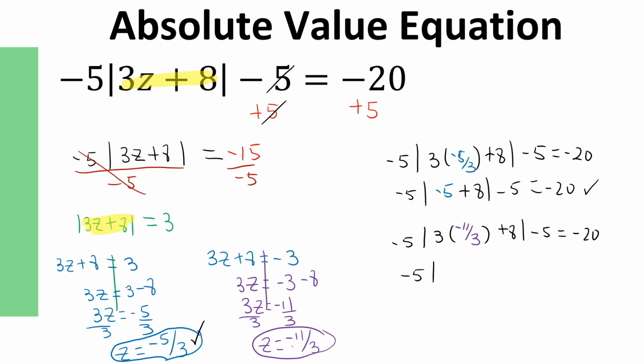So we know that 3 times negative 11 over 3 will give us negative 11, plus 8, minus 5 equals negative 20. So negative 11 plus 8 is negative 3, and the absolute value of negative 3 is positive 3. So 3 times negative 5 is negative 15, which minus 5 is negative 20. So this solution also works.